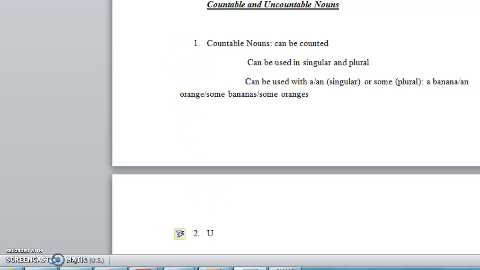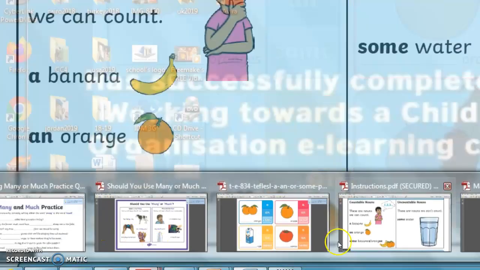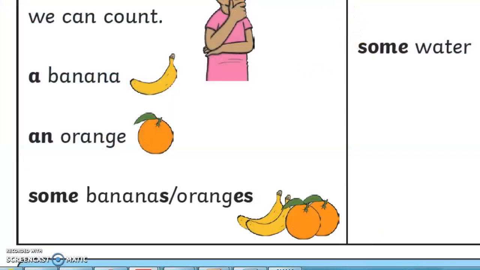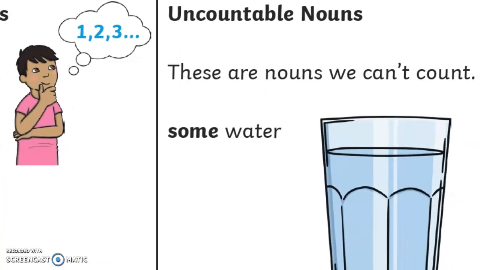Now we'll go to the second one, which is uncountable nouns. Okay, let's go to the same picture here. The uncountable nouns, they are nouns that we cannot count. For example, water. We cannot count the water. We count the glasses of water or the bottles, but the water inside the glass can never be counted. So water. The definition is that uncountable nouns are nouns that cannot be counted.